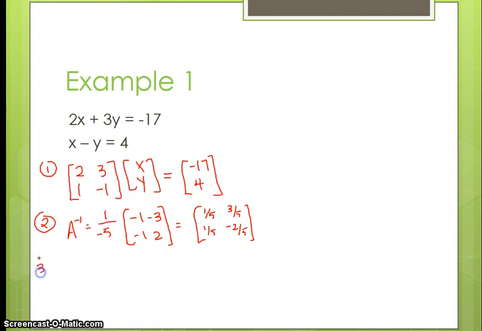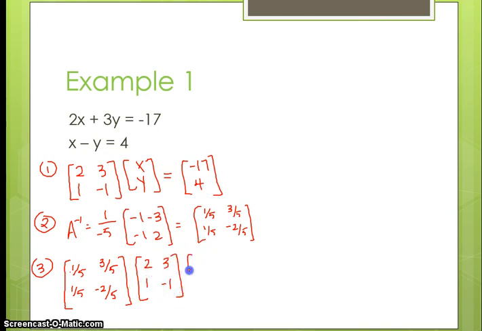Step 3 says multiply your matrix equation by your inverse, making sure to put the inverse in front. So here's my inverse matrix, times my matrix equation.